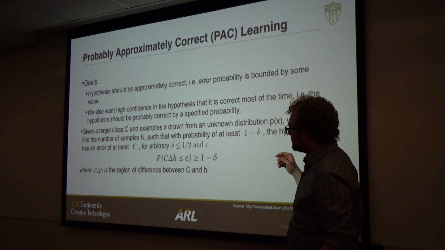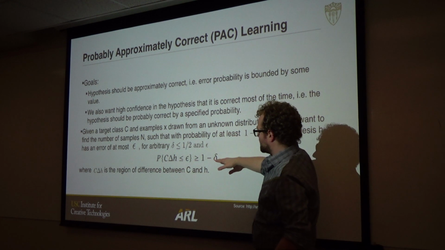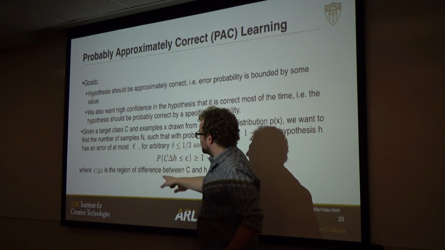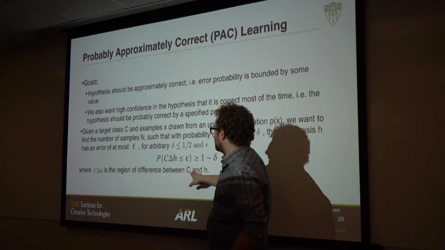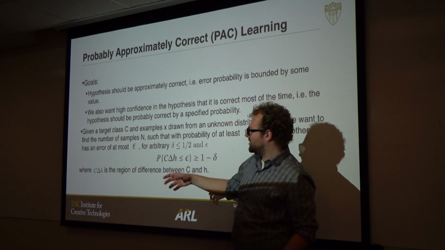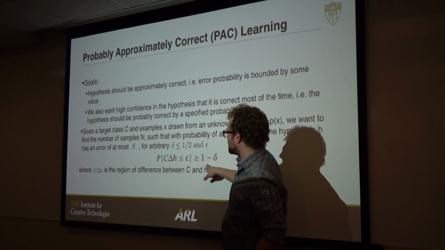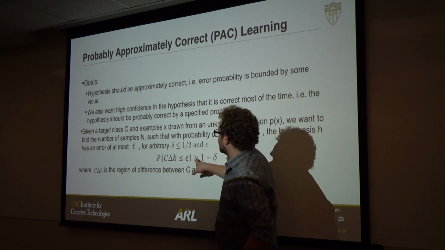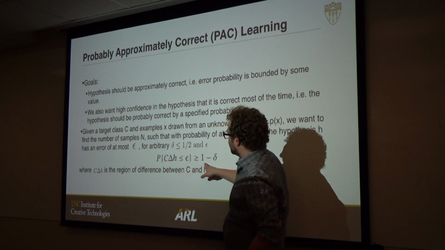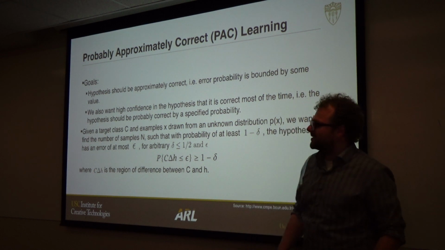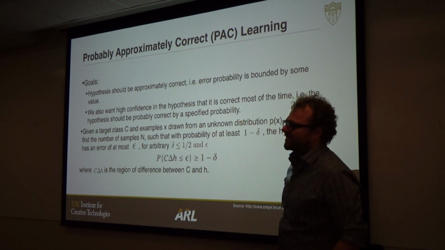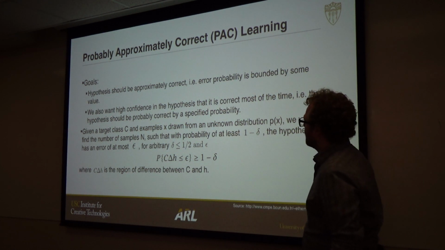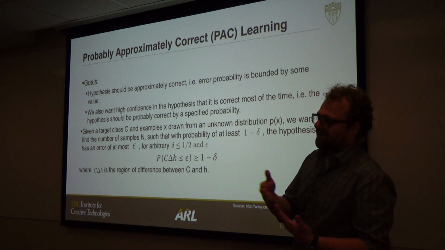This can be written as: the probability that the difference between the actual class region and the hypothesis class region is smaller than epsilon should be greater than 1 minus delta. Delta is bounded by a half, and epsilon is greater or equal to 0, of course, because we cannot make negative errors.